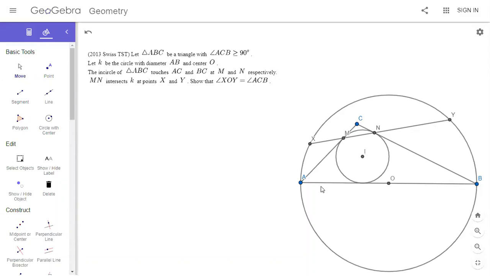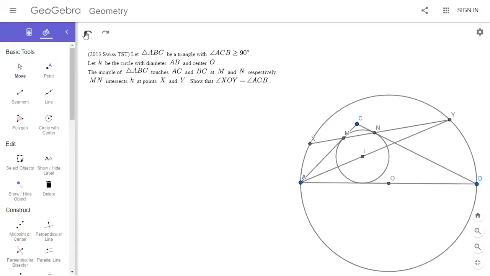But I think it's not hard to show that AIMX is cyclic. But yeah, I'm not 100% sure why, but I had a different way of thinking about it.